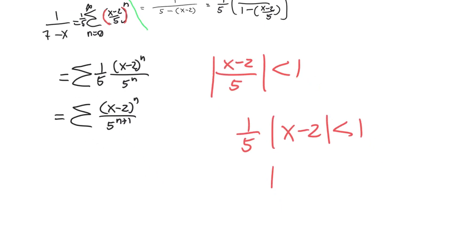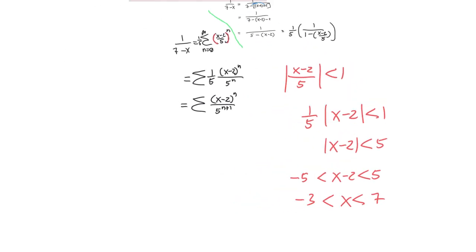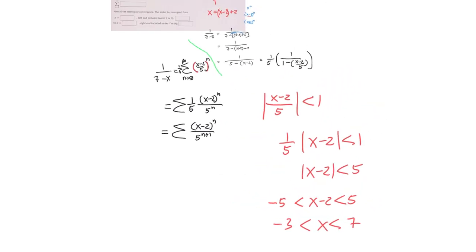Multiply everything by 5. Do the thing. Add 2. 7. Negative 3. Okay, I think we're probably on the right track. So we already know you'd have a negative 3 here and a 7 here.